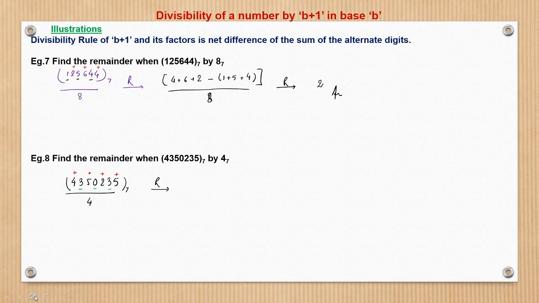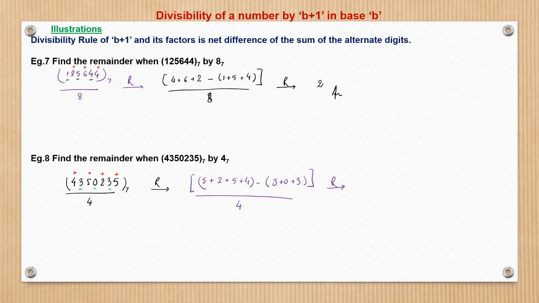So here it becomes like this: 5 plus 2 plus 5 plus 4 minus 3 plus 0 plus 3, upon 4.